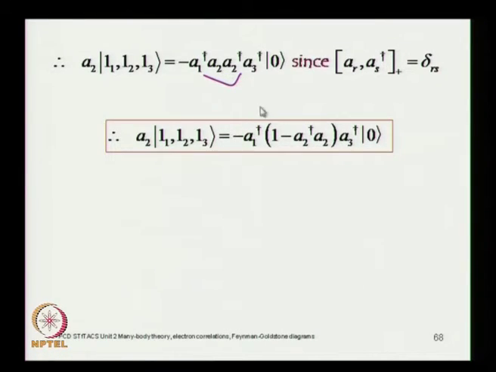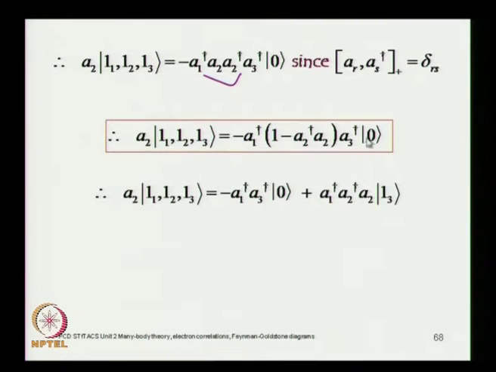So, this time you will get 1 minus A2 dagger A2, and now you will get two terms, one which is minus A1 dagger 1 operating on A3 dagger operating on vacuum, and the second is minus A1 dagger operating on this minus sign, do not forget, and then you have got A2 dagger A2 operating on A3 dagger operating on the vacuum.